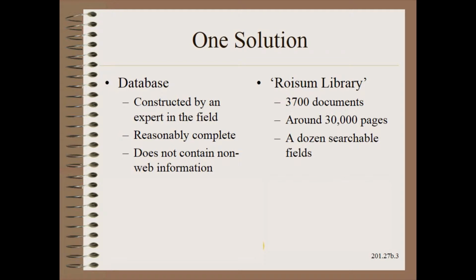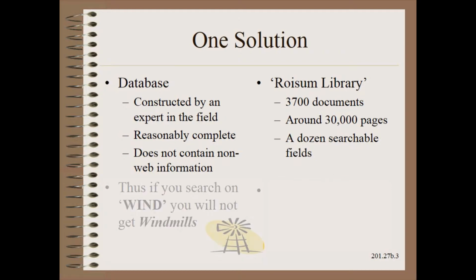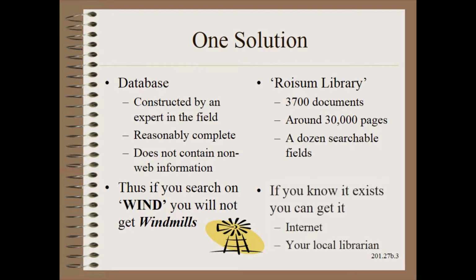The Roisum Library, as it is called, contains more than 3,700 articles, which represents 30,000 pages worth of information. If you type wind into the Roisum Library, you will not get any windmills. Once you know that a piece of literature exists, you can then look it up on the internet if it can be had there, or go to your librarian if it is still stuck on paper.